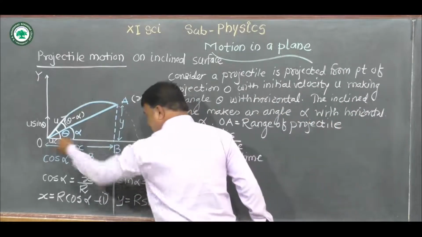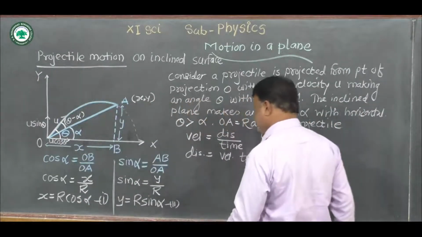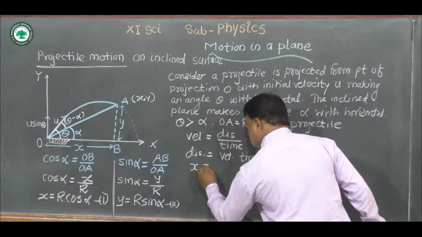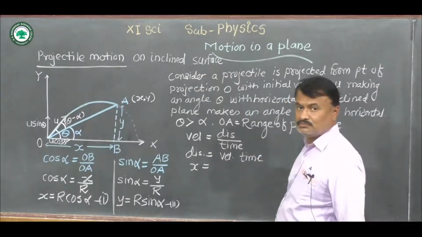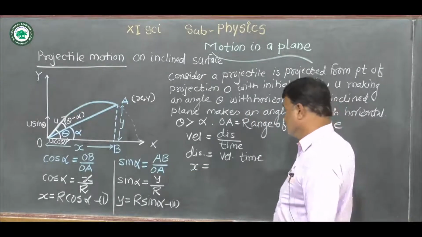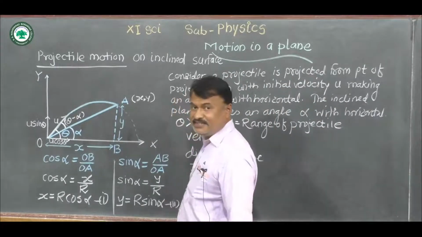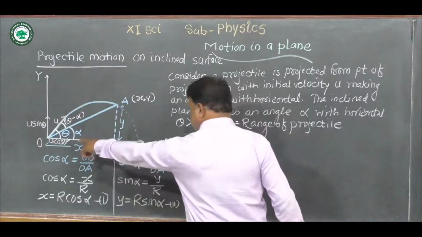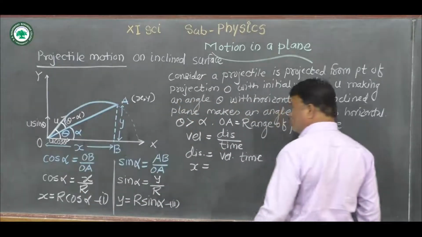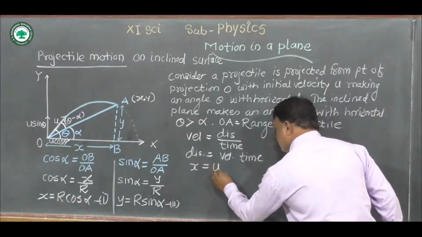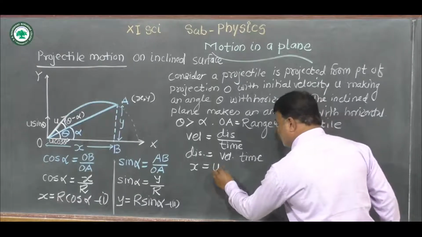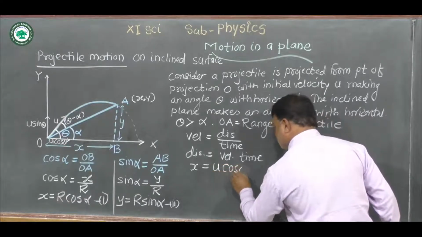Now along x-axis, the distance is small x, so we write x is equal to velocity. In that case, its component is the horizontal component, so we write initial velocity, its horizontal component is u cos theta.